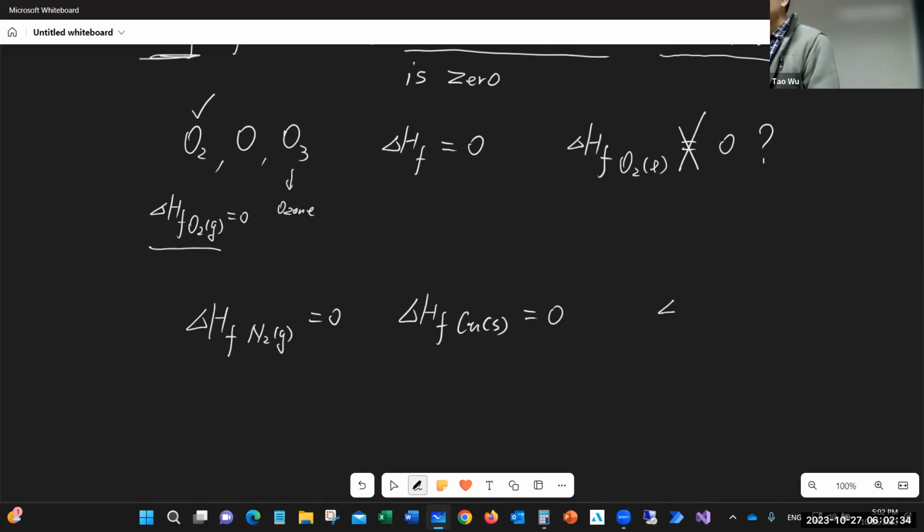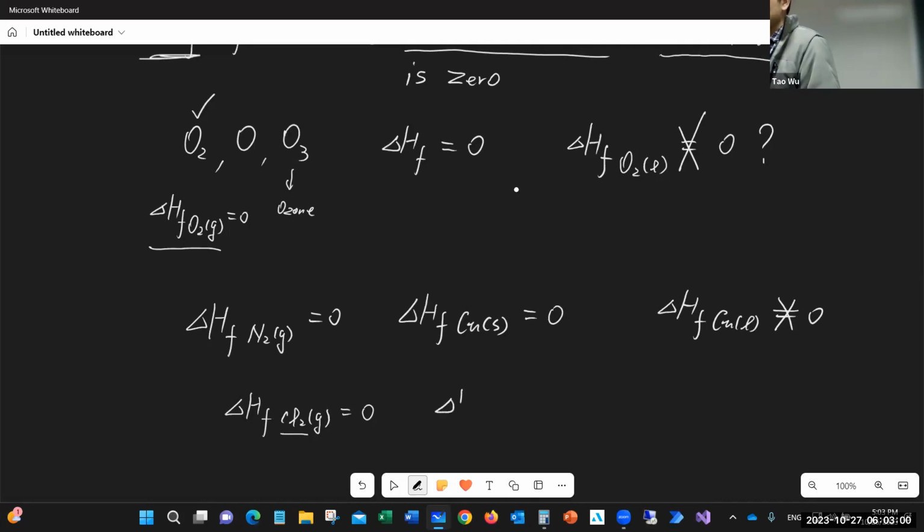But the delta H of liquid copper is definitely not zero. And the delta H of formation of chlorine gas is also going to be zero, because chlorine at 25 Celsius is a gas.